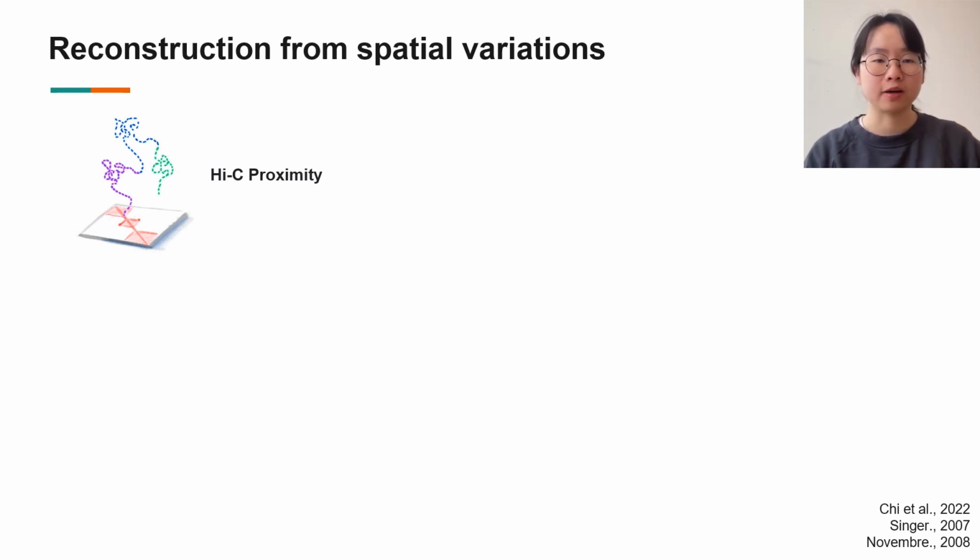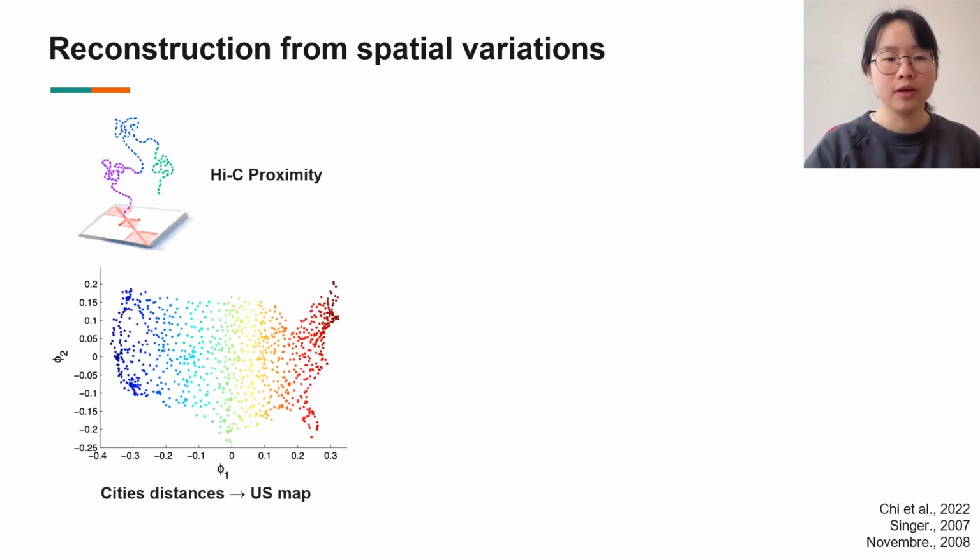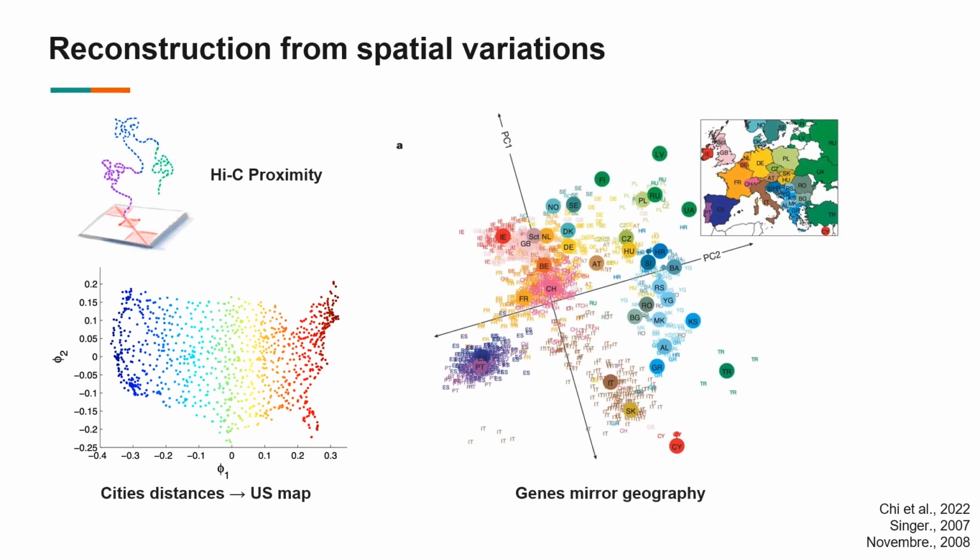For example, in biology, Hi-C measures the frequency at which two DNA fragments physically associate, and this reflects their physical location in 3D space. And also, if we know the distance between the US cities, we can actually reconstruct the US map. And here is another interesting example, which shows that genes actually mimic geography.